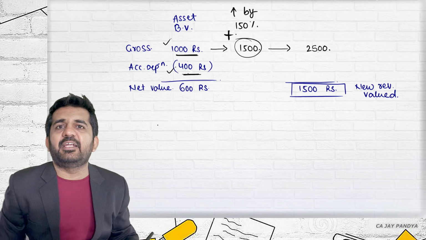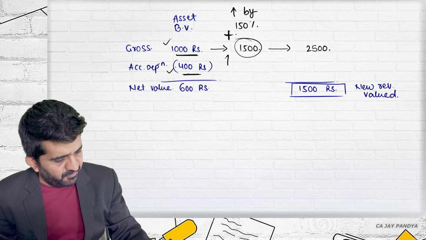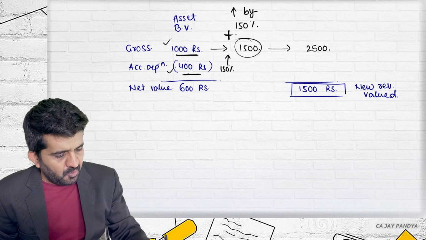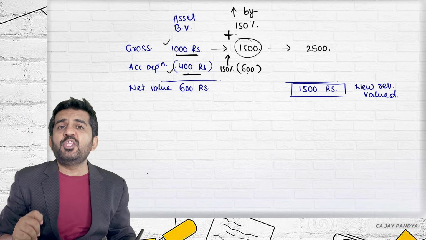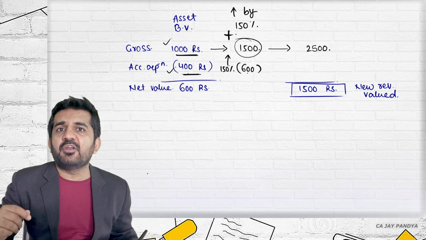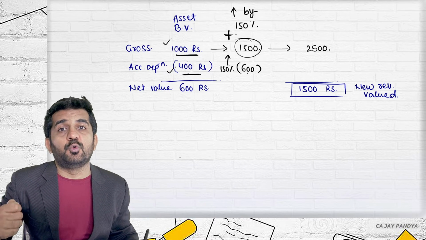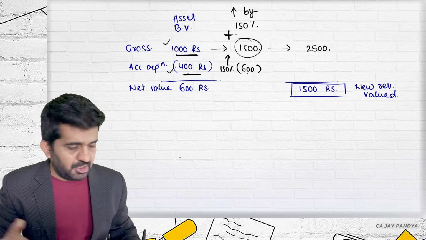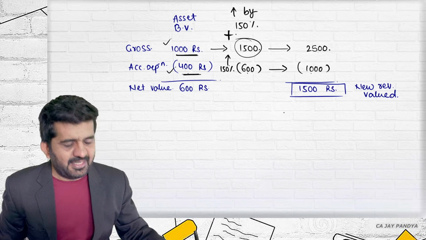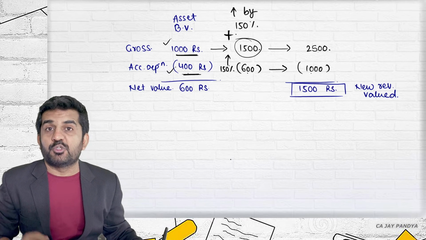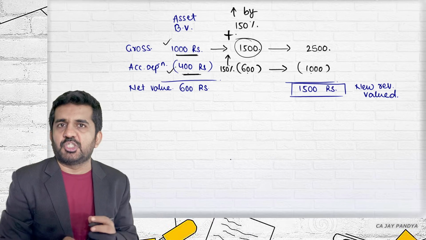Then your accumulated depreciation should also increase by 150%. 150% of 400 is nothing but 600. So when you are adding 1500 rupees to your asset, you will have to add 600 rupees to your accumulated depreciation. Is it all right? And ultimately, you will be carrying your asset at 2500 rupees with the accumulated depreciation of 1000.